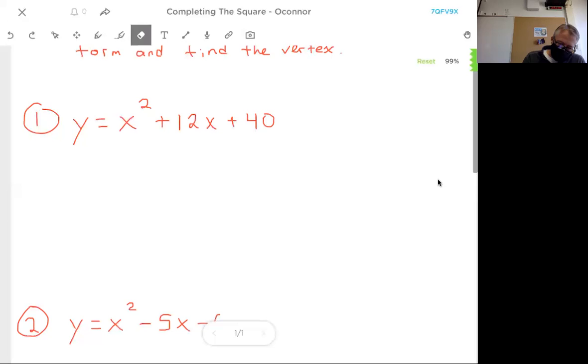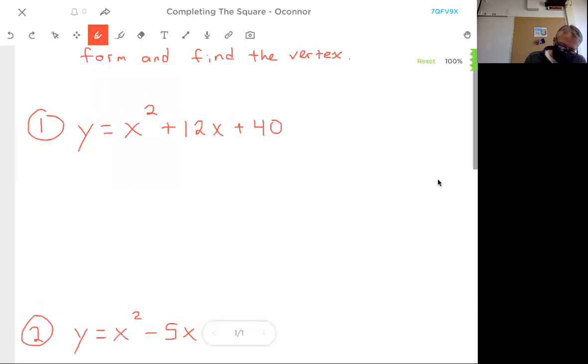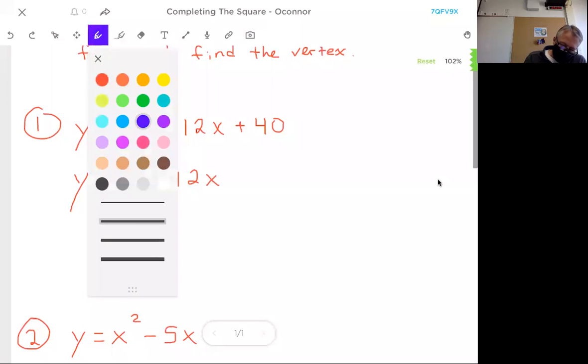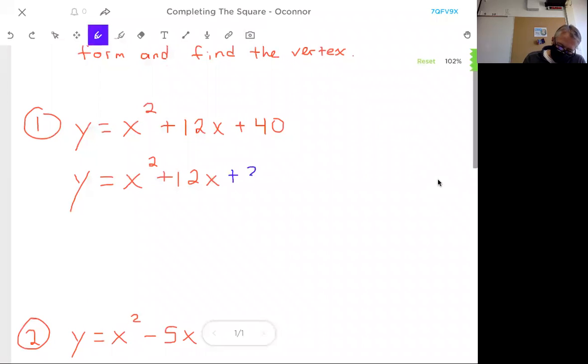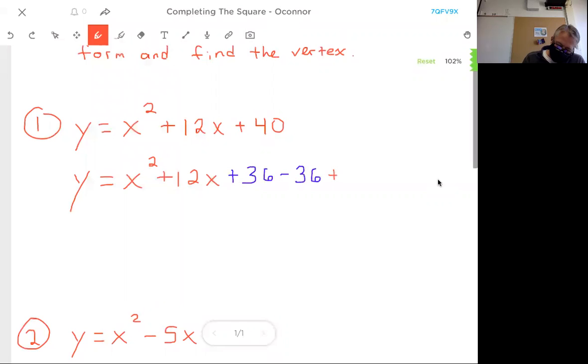My next line is going to read y equals x squared plus 12x, and then plus 36 minus 36, and then I have plus 40 on the end. Again, I got that number by taking half of the b term and squaring it.